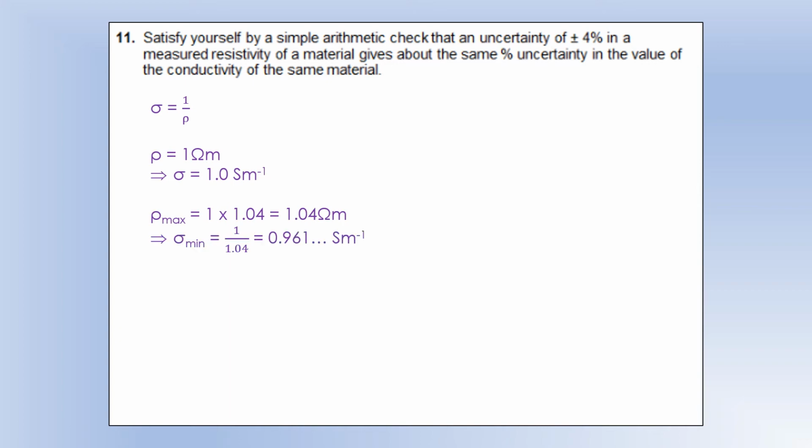So if we do 1 over that, that should give us the minimum conductivity, because remember they're inversely proportional to each other. So if we do 1 over that, you can see we get 0.96 Siemens per meter. If we take 4% off of the 1 Siemens per meter we had earlier, we also get 0.96.